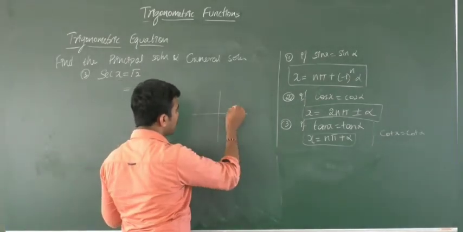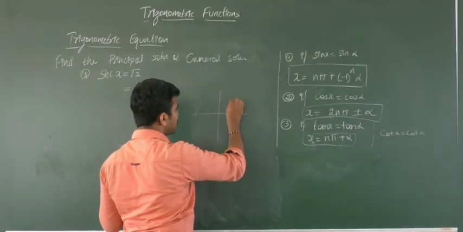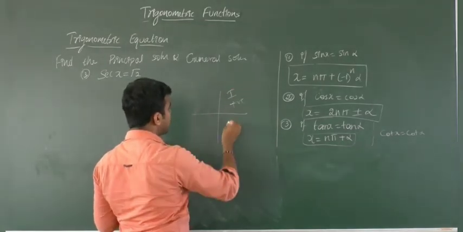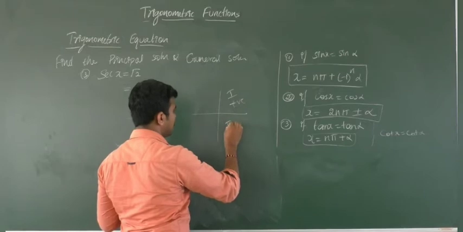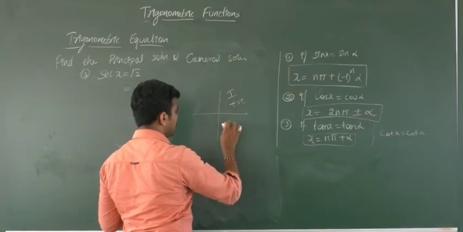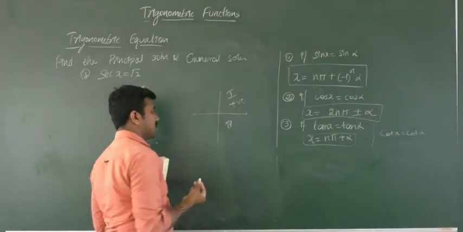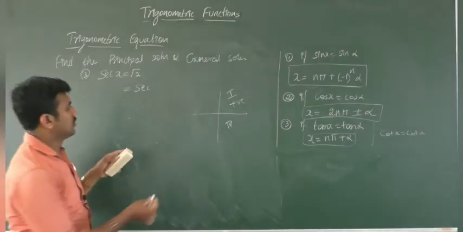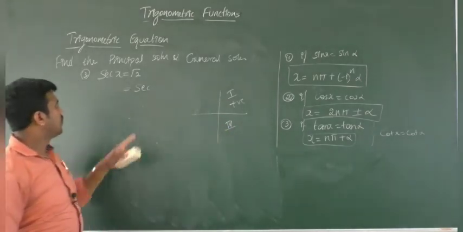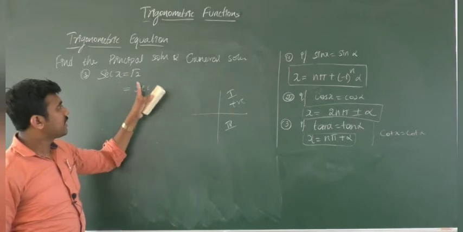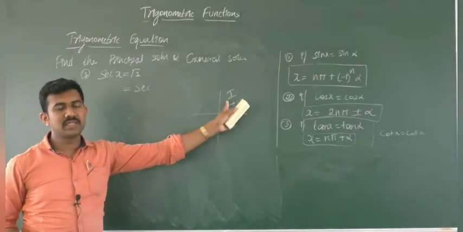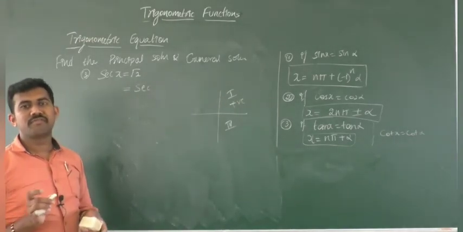It is the reciprocal of cos, so positive in the first quadrant and fourth quadrant. Now secant, when it takes the value root 2 in the first quadrant, that is nothing but 45 degree.